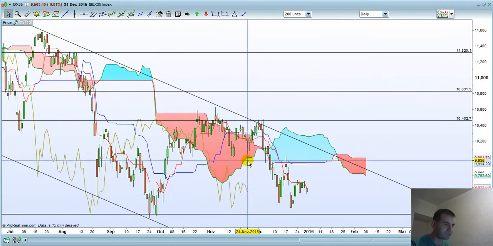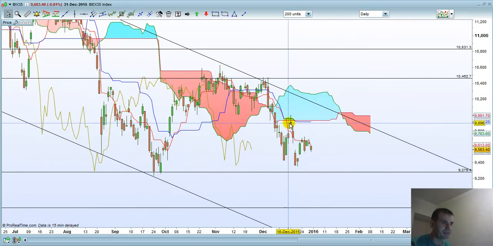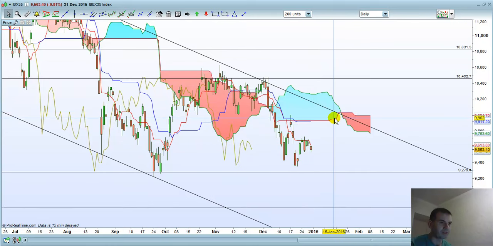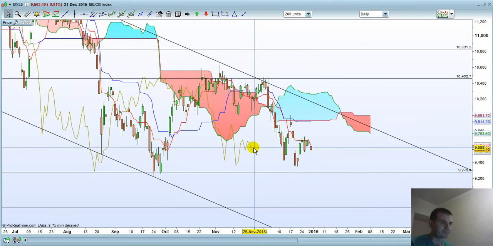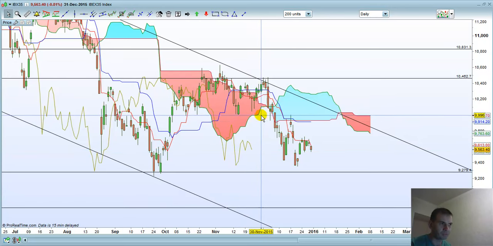It's a Spanish index. As we can see here, the price is declining under the cloud. The trend lines are crossed downward. Tenkan-sen is moving under the Kijun-sen line, and the price is directed to this nearest support level under the cloud, and the Chikou span line is under the price and under the cloud.